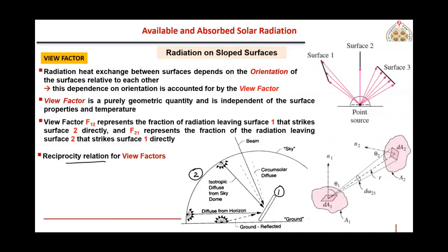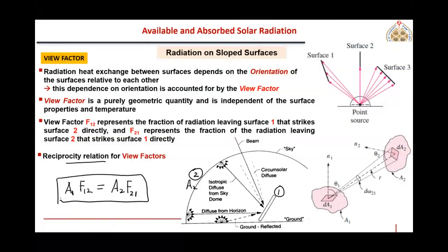According to this relation, F1 to 2 multiplied by the area of surface 1, A1, will be equal to the area of surface 2, A2, multiplied by the view factor from 2 to 1. This is always true between any two surfaces.